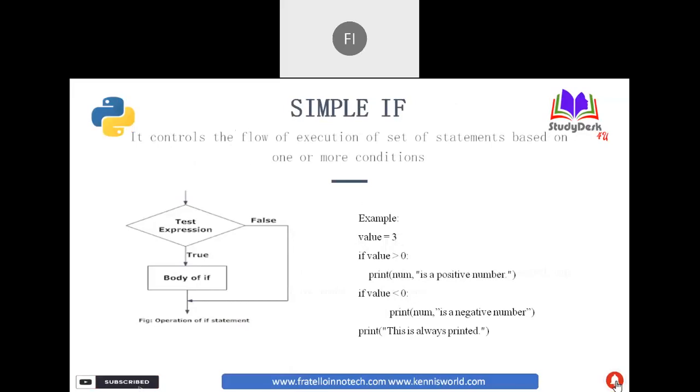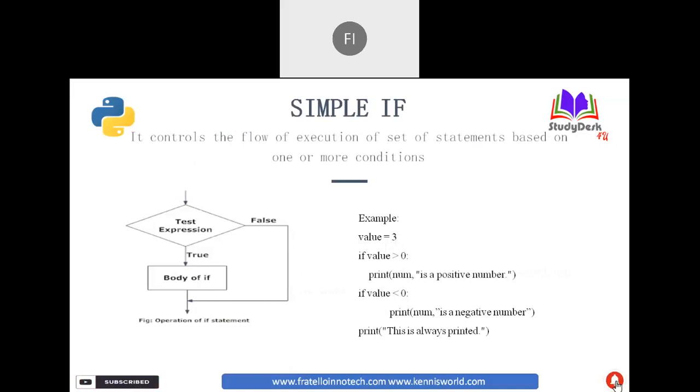Out of that, the first syntax is only if. You can write only if wherever you require, and multiple ifs also can be written in a single program. As I mentioned already, if the condition is true, it will execute. If the condition is false, it doesn't do anything. If you see the syntax on the right side, I wrote value equal to 3. If value is greater than 0, the number is a positive number.